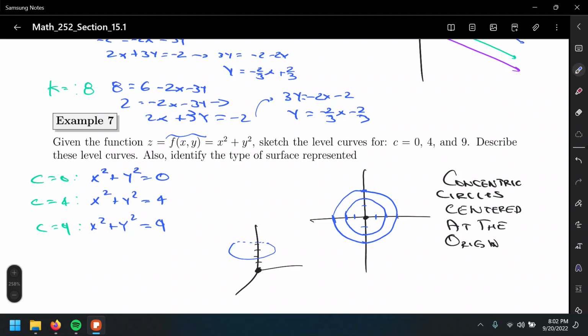And then same, a wider circle. And it looks like a cone, right? It's a circular cone. Definitely not a paraboloid. Otherwise, we would have seen some parabolas in our projections on the xy plane. Okay.